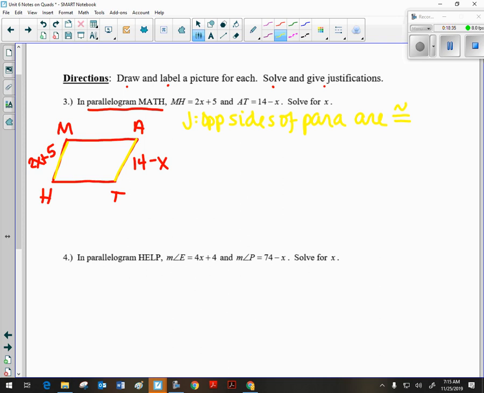And I'm going to put that the 2x plus 5 equals 14 minus x. And when I do my solving, I get that x is 3. You'll notice I did not spend a lot of time talking about how to do that solving. My main concern is that you know this, that the opposite sides are congruent.